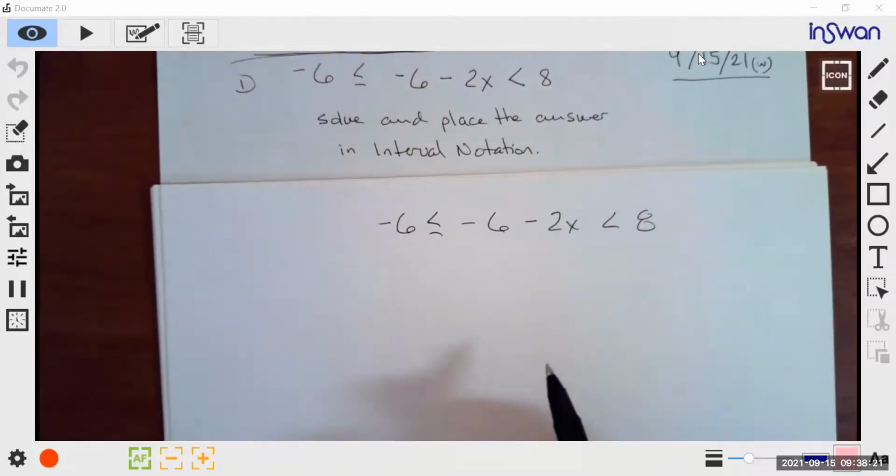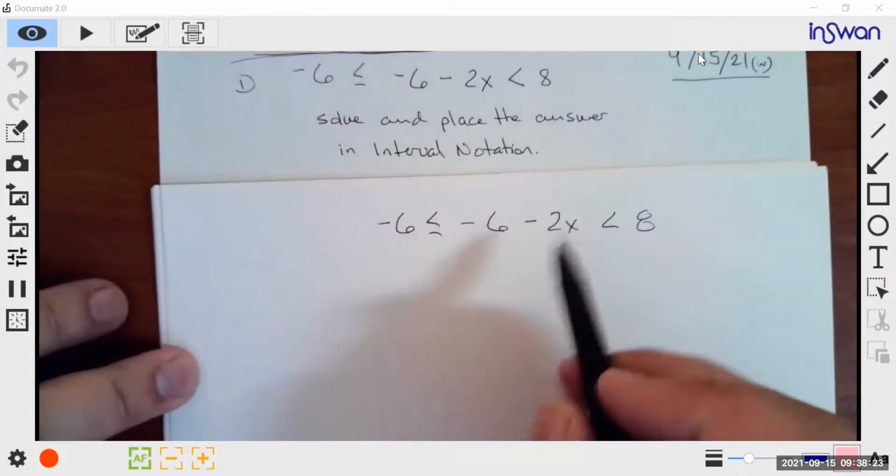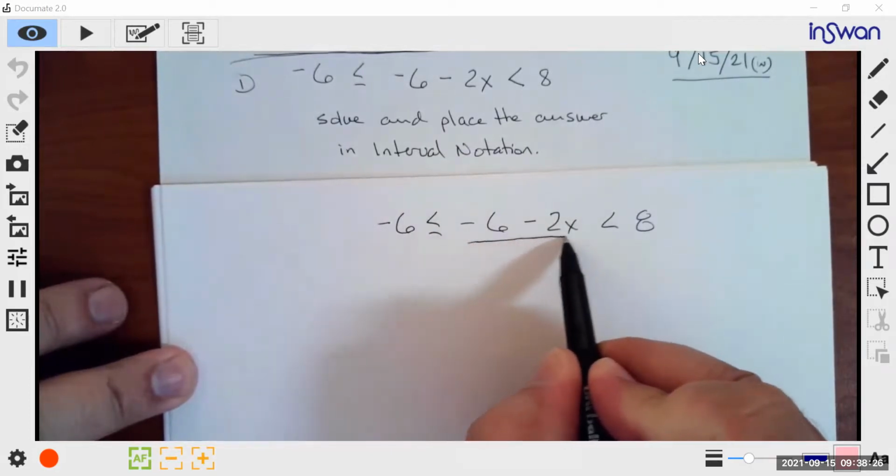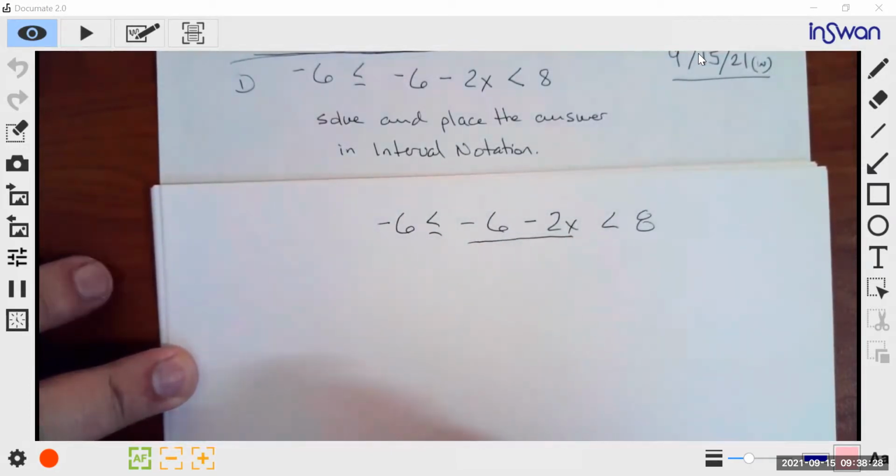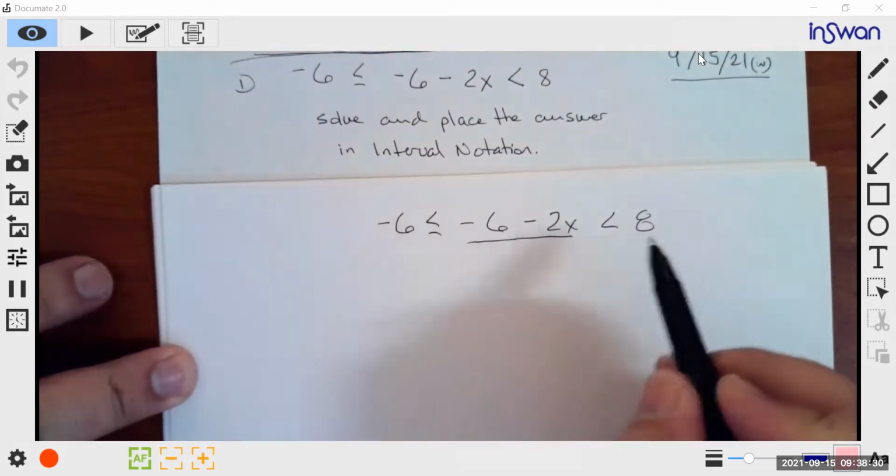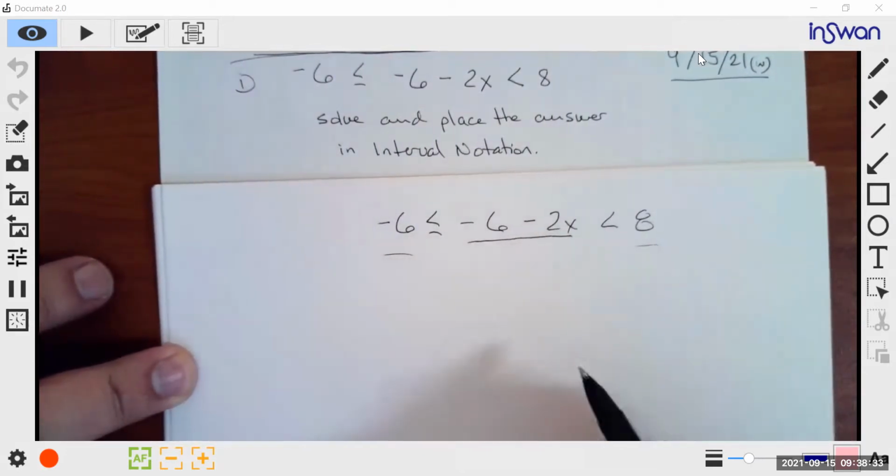All right, remember, we're solving for x. So the only thing we're worried about is this middle part. Whatever we do here, we do it to the other 2 parts.